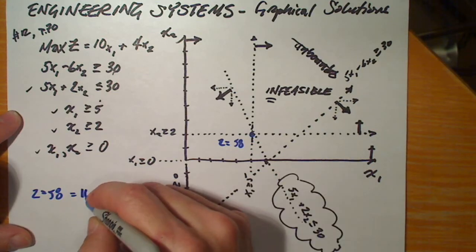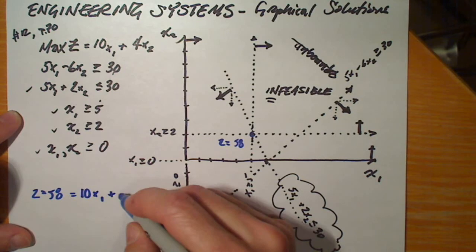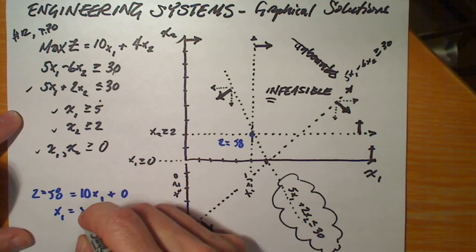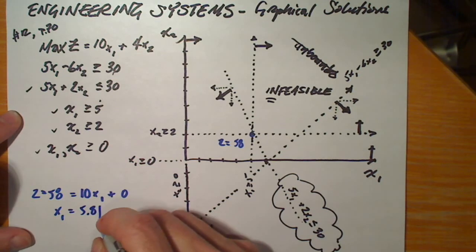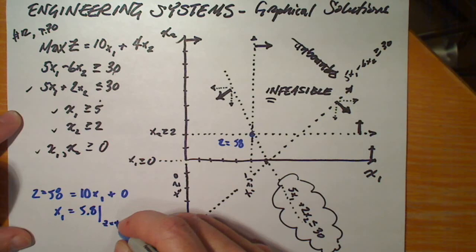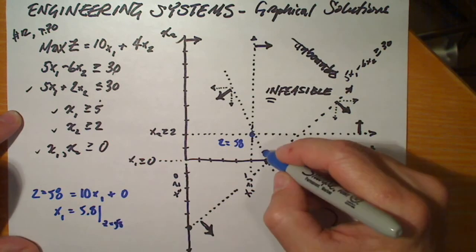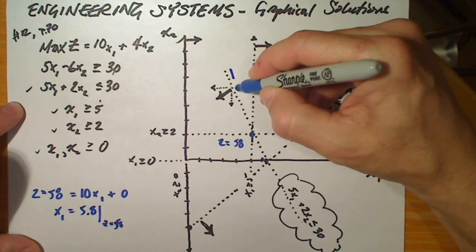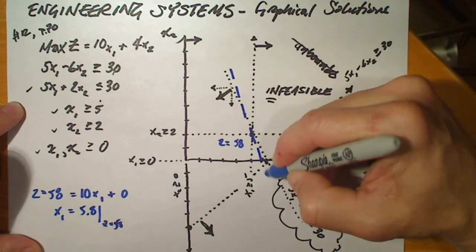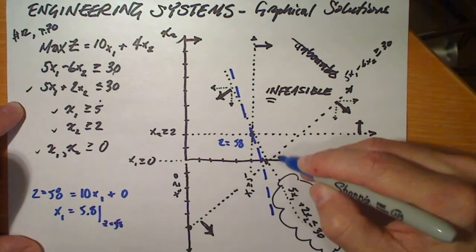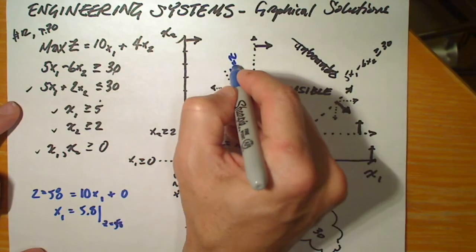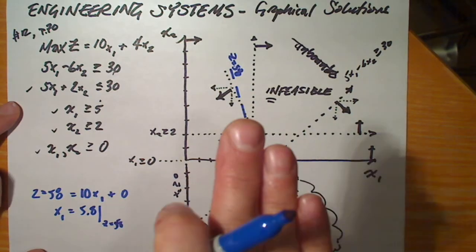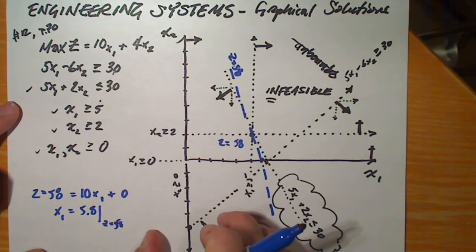So we'll choose 10x1 plus 0, and we find that x1 must equal 5.8 for this z equals 58 contour line. What does that look like? That's about here. All points that satisfy the z equals 58 line would go in this third dimension. This is sort of the objective function elevation of z equals 58.